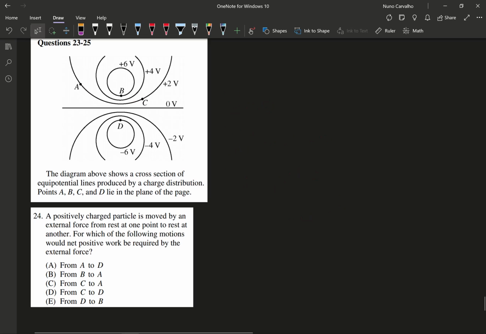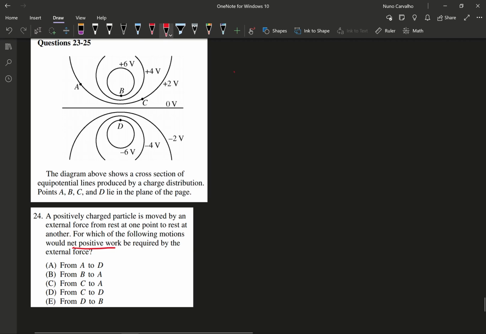Number 24 is still the same equipotential diagram from before, but we're asked, a positively charged particle is moved by an external force from rest at one point to rest at another. For which of the following motions would net positive work be required by the external force? Well, the way I like to think about it is that if we have an external force doing positive work, that must mean it's basically going to go against what would be naturally happening given the forces that are currently in the system, which here are electric forces.